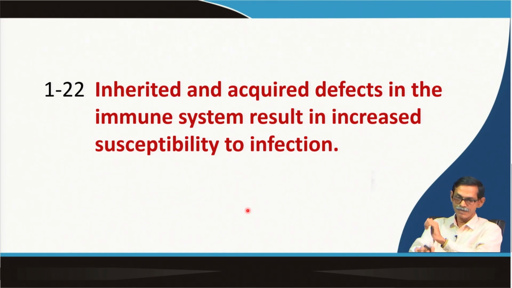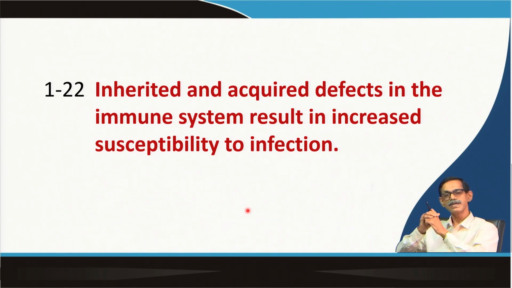Okay. So, now before going to this inherited and acquired defect, what is the summary? B cell is activated by T helper cell and produces antibody. In turn, antibody shows its effector function in 3 ways: neutralization, opsonization and complement activation.